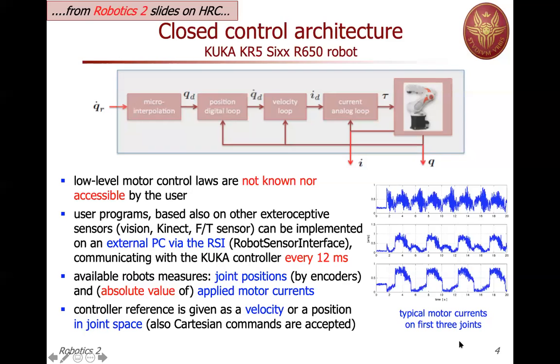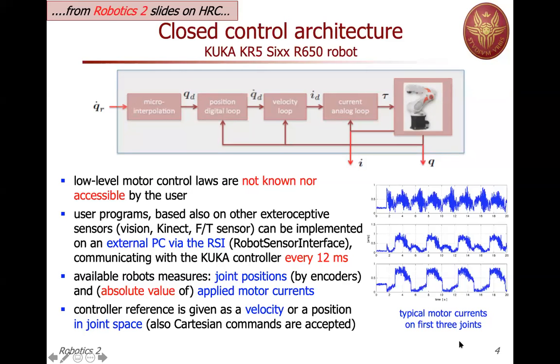For each joint, we have a motor that generates a torque. This torque is generated by a motor that is driven by a current. So we have a desired current there, and we have an analog current loop that makes sure that the actual current circulating in the motor is equal to the desired one, and this will generate the torque.